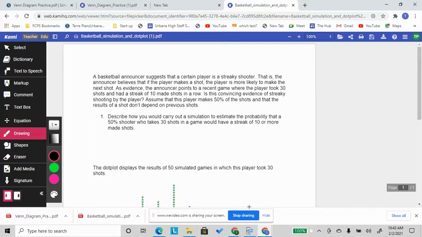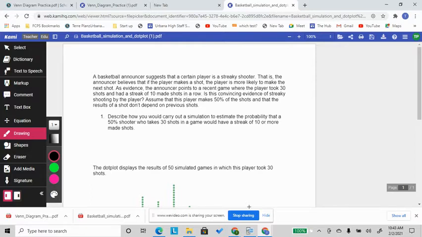Is this convincing evidence of streaky shooting by the player? Assume this player makes 50% of the shots and the results of the shots don't depend on the previous shots. Describe how you would carry out a simulation to estimate the probability that a 50% shooter who takes 30 shots in a game would have a streak of 10 or more made shots.